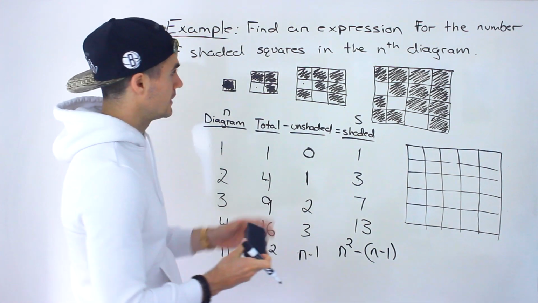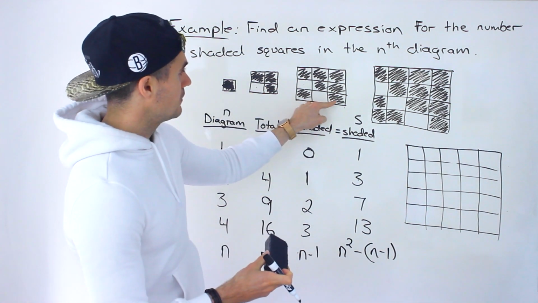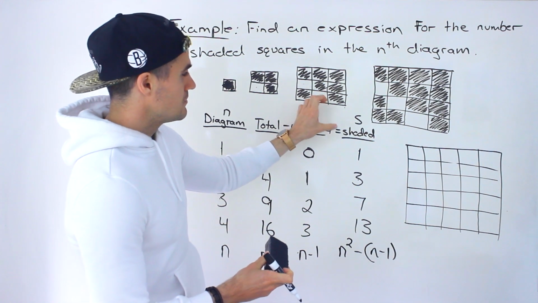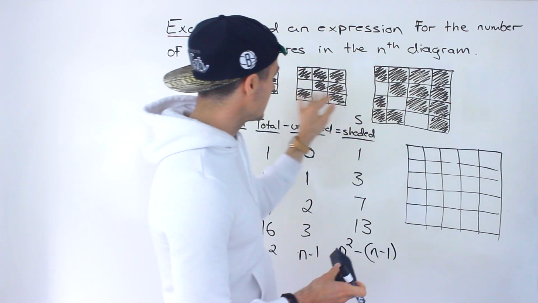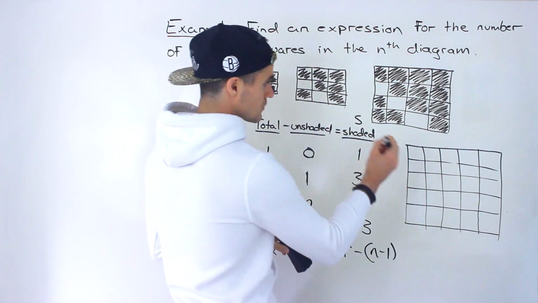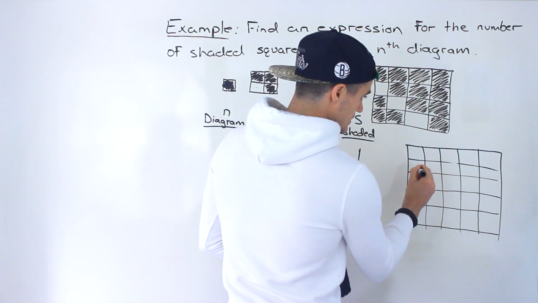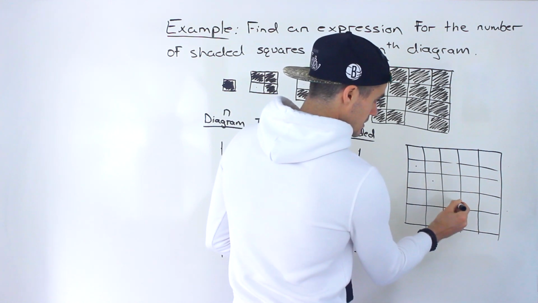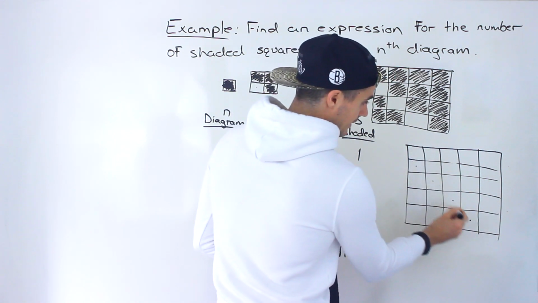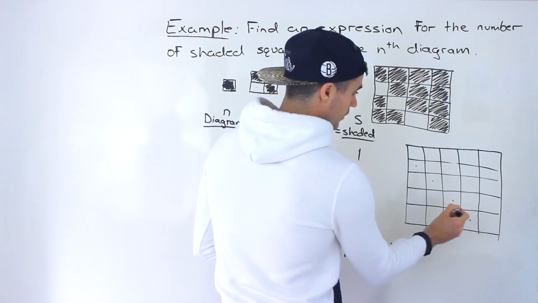And notice that it has sort of a pattern here in the diagram. To be honest, I don't think it actually matters where you put it, but just to keep the pattern consistent, notice the unshaded squares are going to be this, this, this, and this. The diagonal of 4 over here.